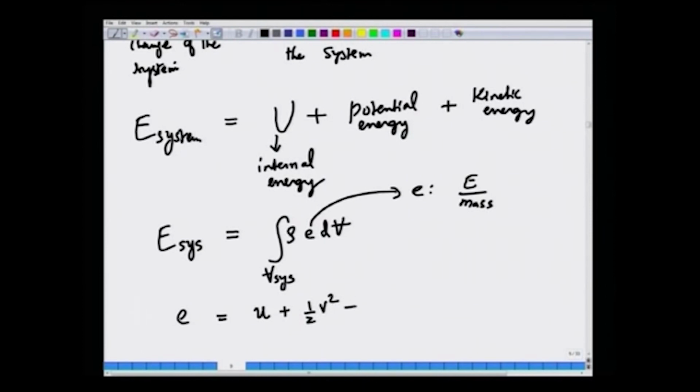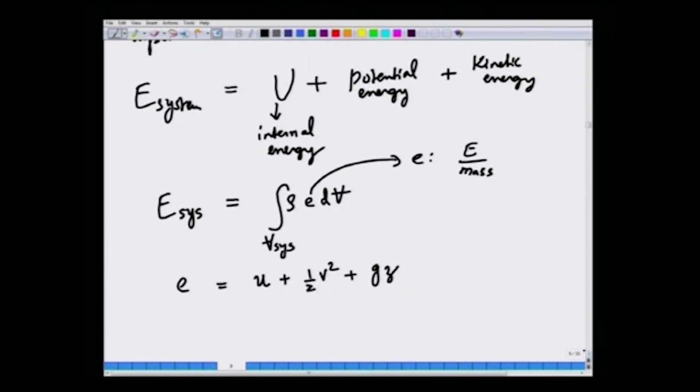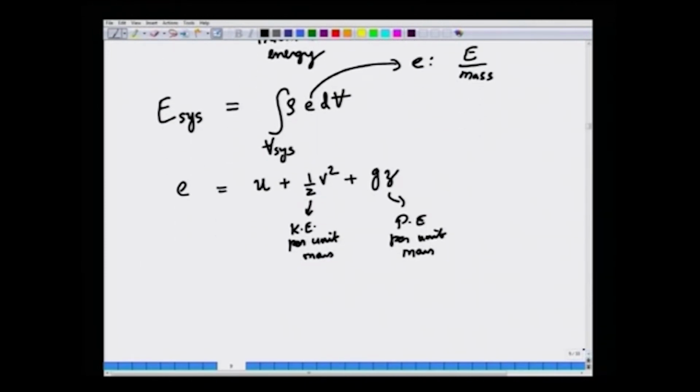If you divide it by mass, you will get half v squared, plus the potential energy per unit mass. The potential energy is m g z, where z is the elevation. And v squared is the square of the magnitude of the velocity, given by the vector velocity v dot v.